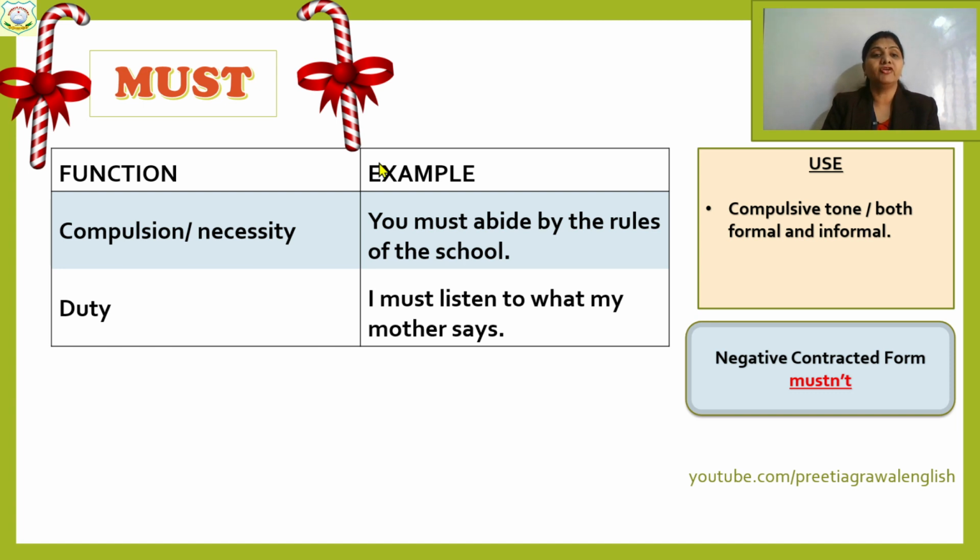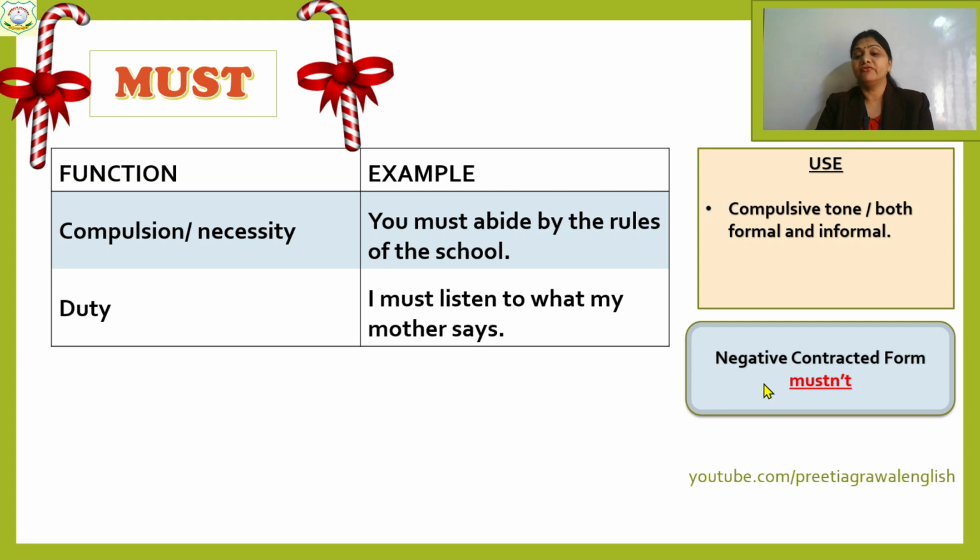If you have written must anywhere, it means that thing is necessary, that is compulsory. So whenever you are using must, be sure that in that sentence whatever action is written there, that action is compulsory for everyone. Then only you can use this modal must.